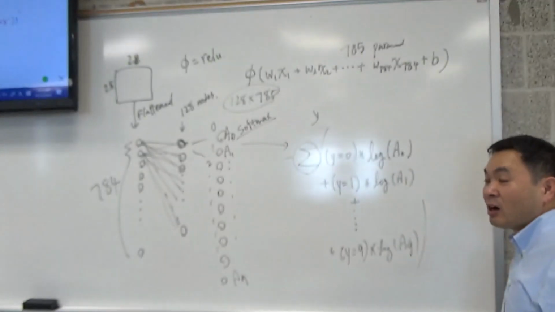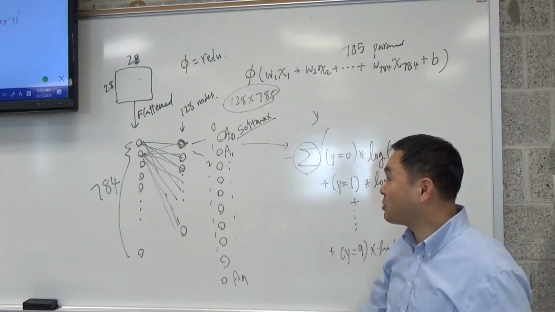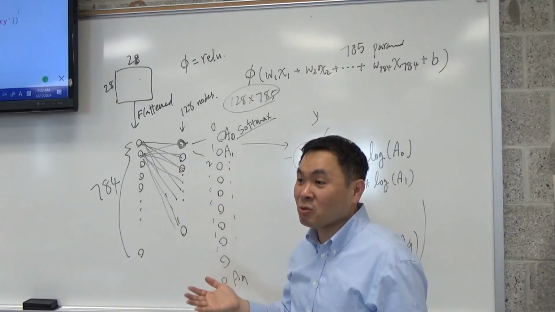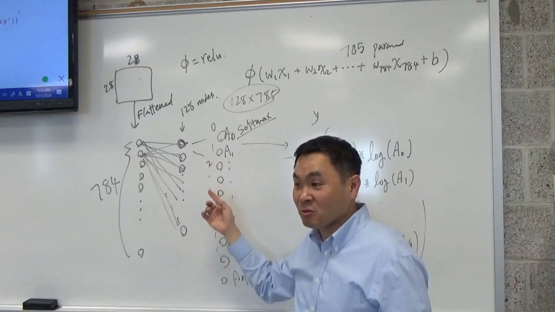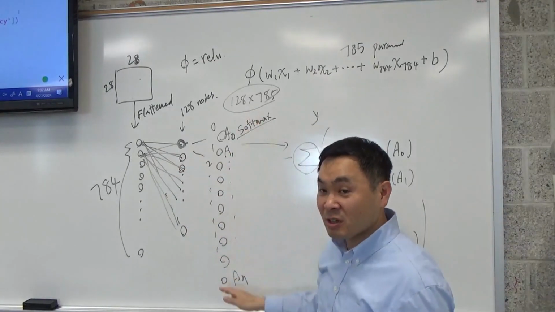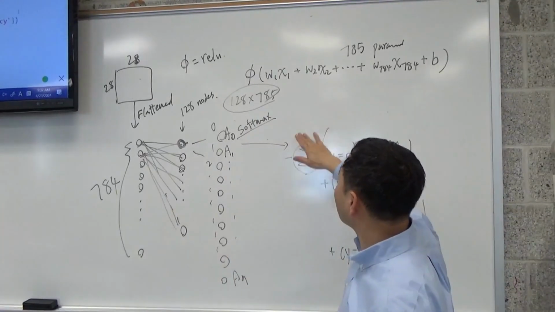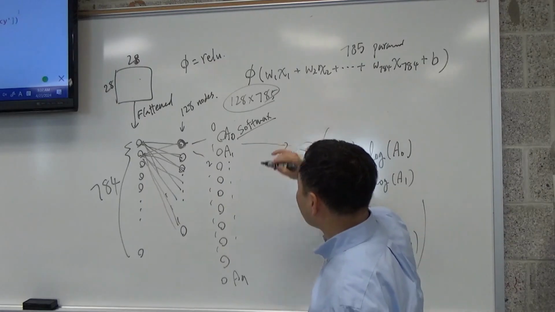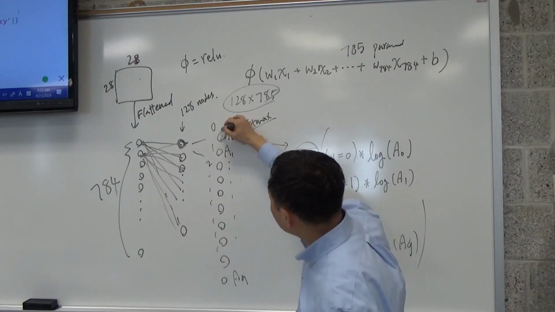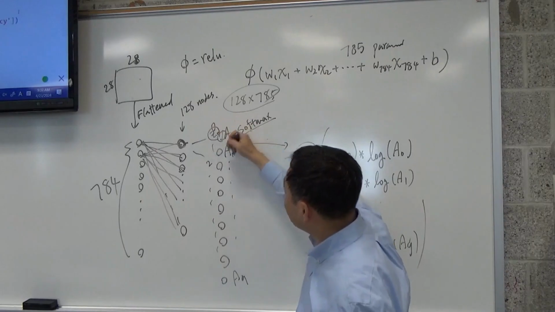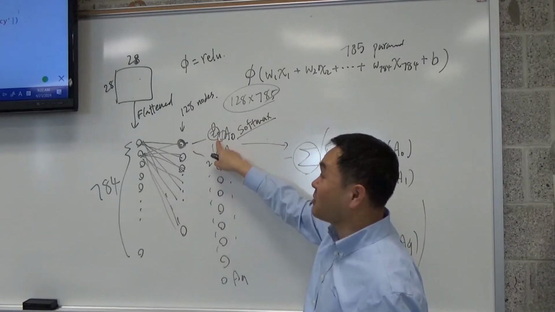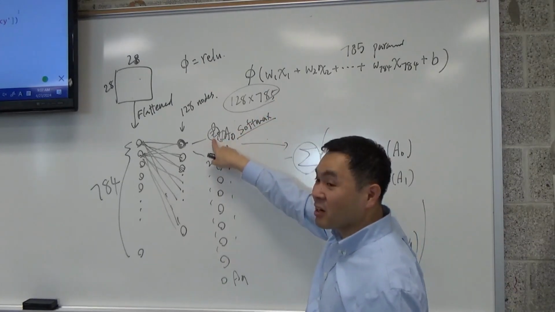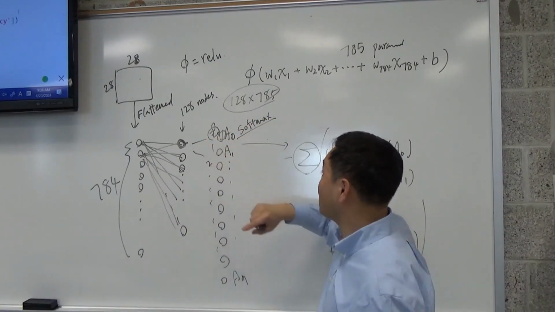So how do you make it happen? We don't know what values are going to come to this node, so how do you enforce them to give you that output? That's the softmax. Let's say Z0 is the value you receive: some weights times the inputs from every node, so you get some Z0.